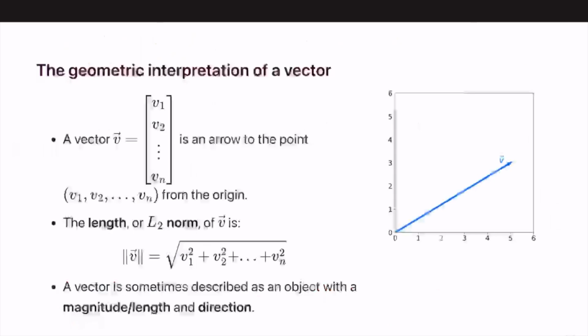Okay, so we have this idea of a vector now. What does that actually mean? Well, we see here this vector. Vectors always start at the origin, and they go in some sort of direction. A vector points to some point in space. And the direction of a vector is of extreme importance.